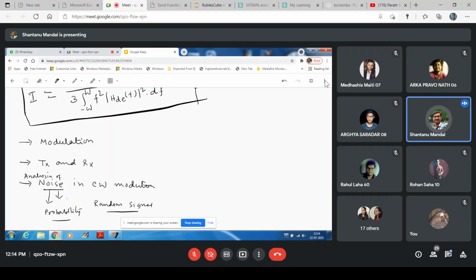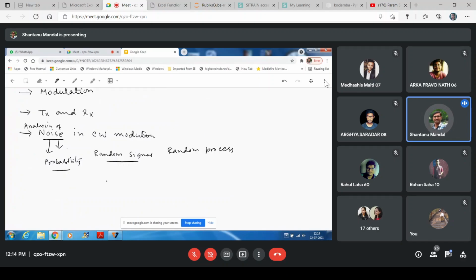Random signals, different types of random signal, and also the random process are discussed. After that I discussed the noise parameter calculation, and then the analysis of noise in CW modulation. So this is the total chapter.